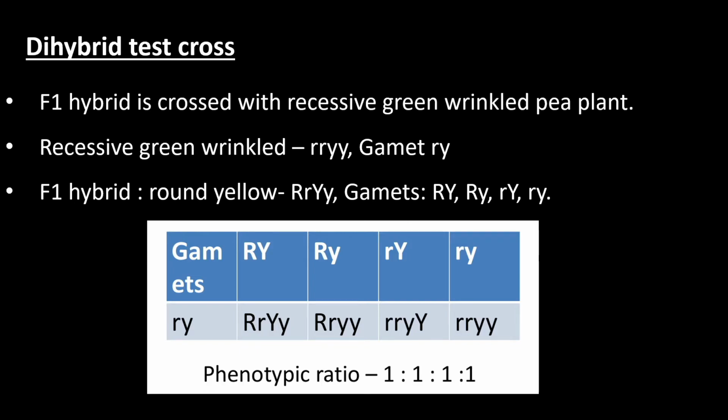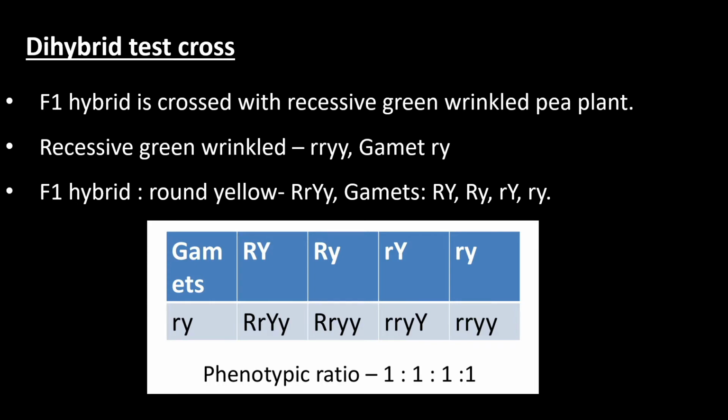Here we have to study about dihybrid test cross also. In dihybrid test cross, F1 hybrid is crossed with recessive green wrinkled pea plant. So recessive green wrinkled is small r, small r, small y, small y. So gamete is small r, small y.